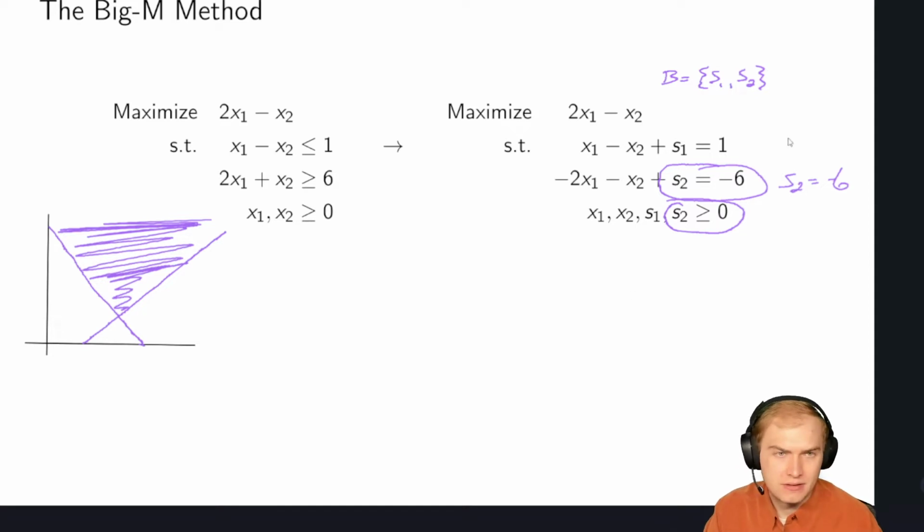So this basis with just slack variables corresponds to the origin, which we can see is not feasible. And we can pick that out from the tableau or from the LP systematically by noticing that we have a negative on the right-hand side of our standard equality form, or of our tableau, as we talked about yesterday.